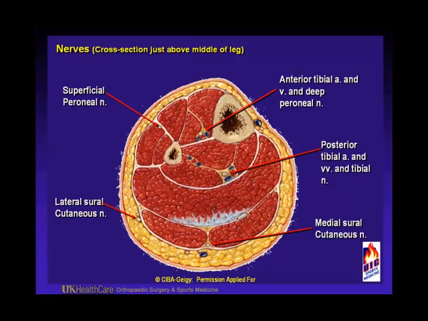The nerves in the anterior compartment: anterior tibial artery and vein, and the deep peroneal nerve as shown. Posterior compartment: posterior tibial artery, vein, and nerve. There are superficial nerves that we want to be careful of when we do releases. Posteriorly, the medial sural cutaneous nerve, and laterally, the lateral sural cutaneous nerve.